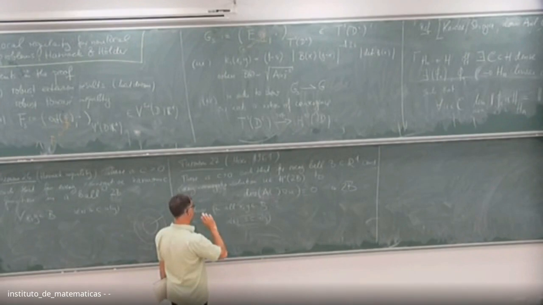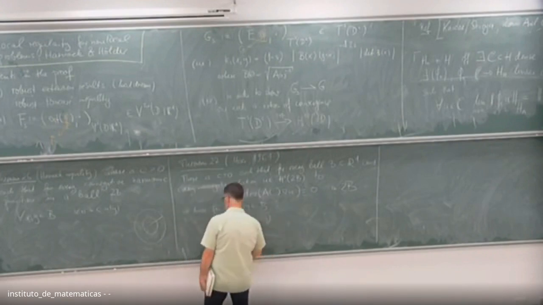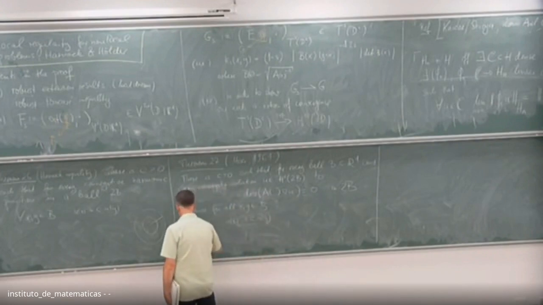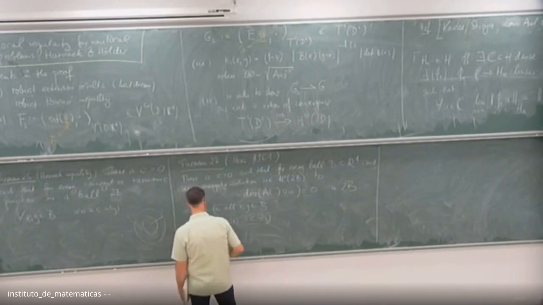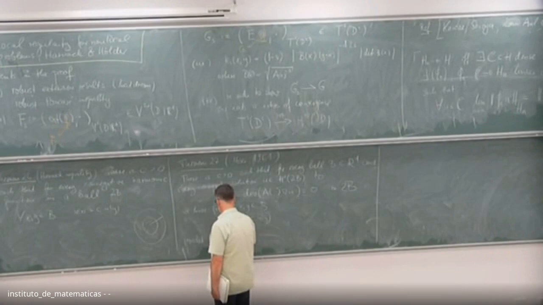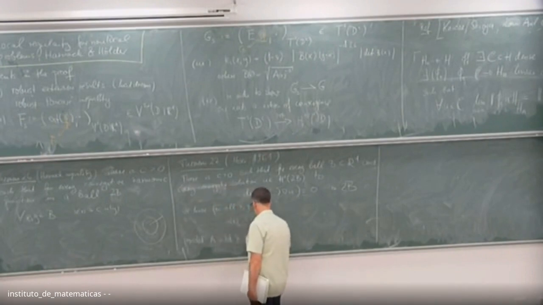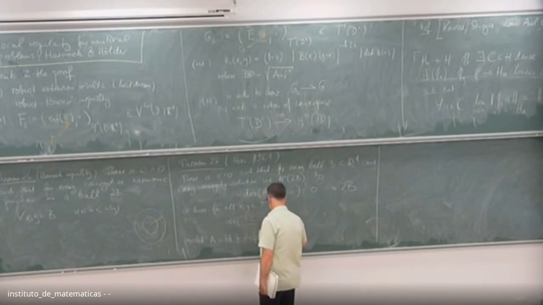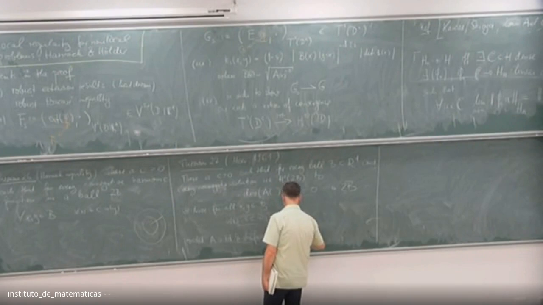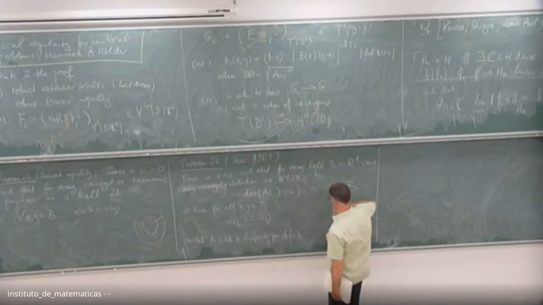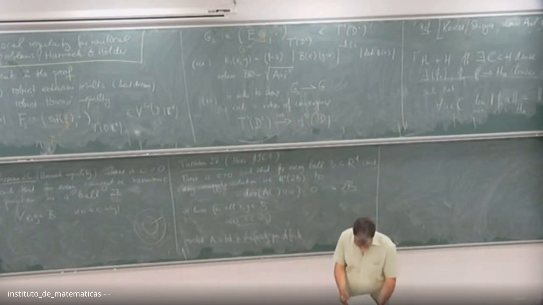So, such a non-negative solution, provided A is bounded and uniformly positive definite. So this was the assumption that you had seen in chapter 5.